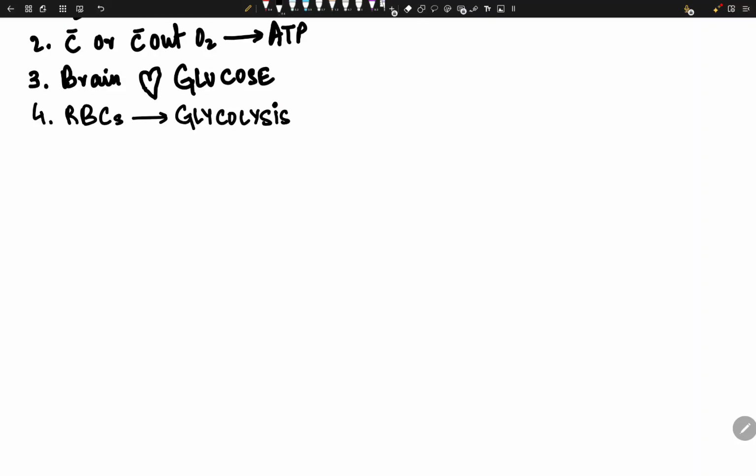And this makes glycolysis absolutely essential for RBC survival. Remember this, because many diseases depend upon this fact, that RBCs undergo glycolysis for ATP. Why? Because they don't have mitochondria. Now you must be asking, why don't they have mitochondria? Because they are simpler cells. They don't have much function, right?